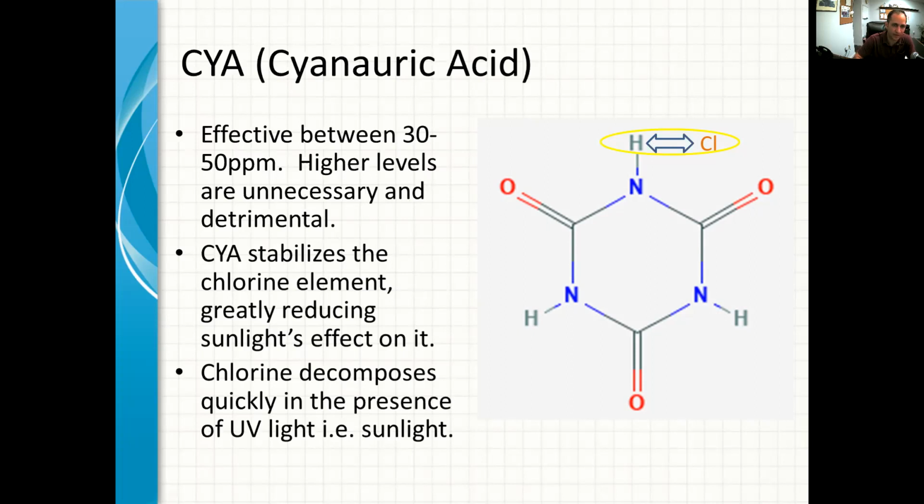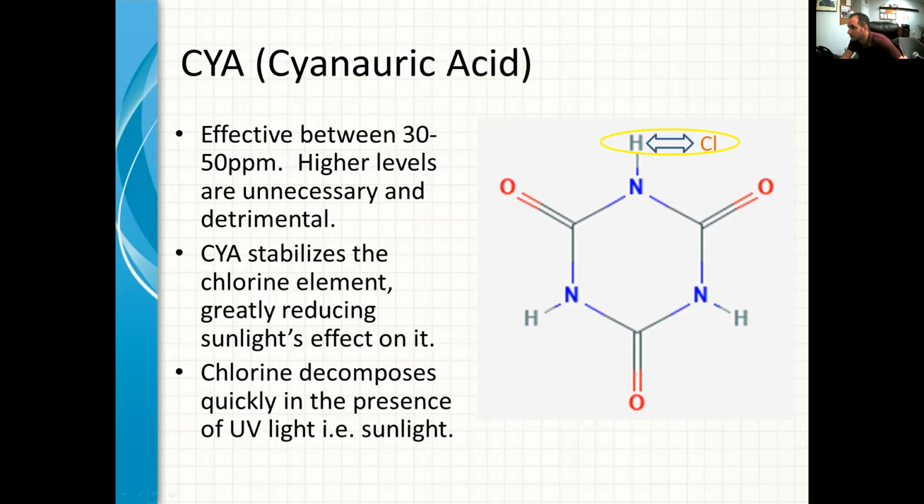Trichlor and dichlor are basically a chlorinated cyanuric acid, a cyanuric acid molecule with chlorine atoms on either two or three spots on the ring. Those are the two main kinds of stabilized chlorine, dichlor and trichlor. Unstabilized are other forms of chlorine. Calcium hypochlorite is calcium with chlorine, and sodium hypochlorite, which is a liquid, is just sodium and chlorine.